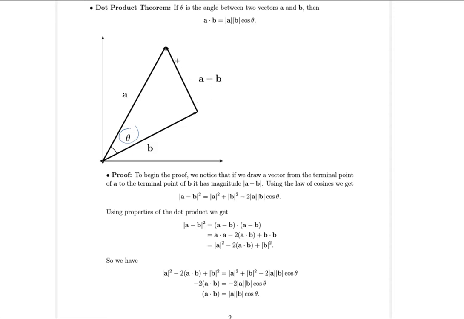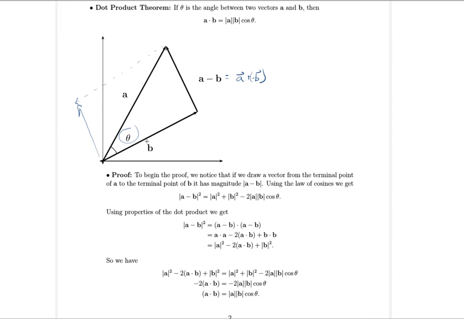To convince yourself of that, a minus b is the same as a plus negative b. So if you go up a and then you go negative b, that puts you right there, which gives you this vector here, the same as this vector up there. So that makes sense that this is a minus b. Now I want to take its magnitude and square it.